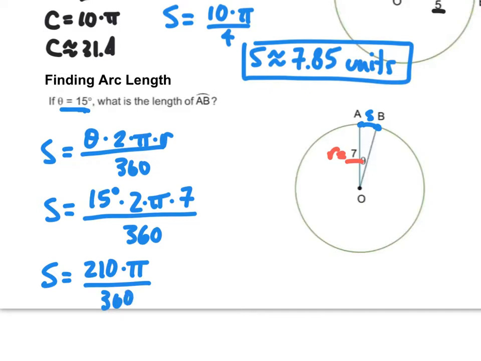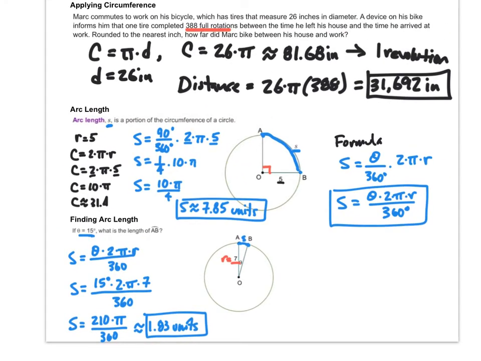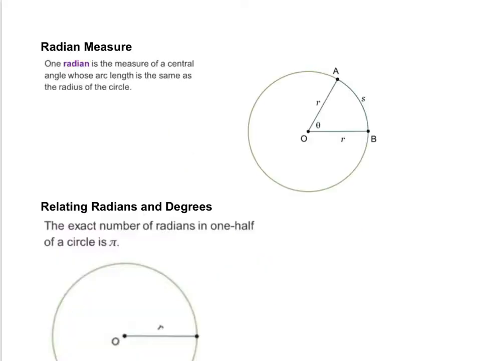I multiply 210 by pi and divide by 360, and that gives me an approximate value of 1.83 units. So that's all we're finding, just these lengths on parts of a circle. Let's move on to the next page.